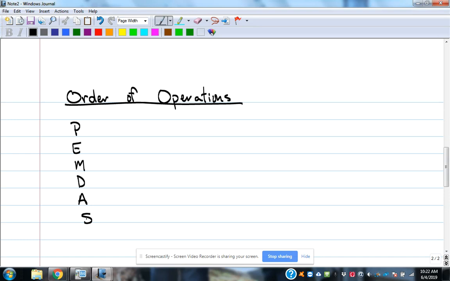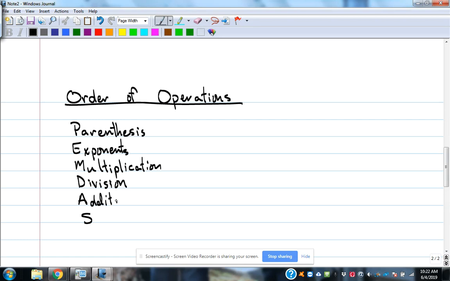The P stands for parentheses. The E is for exponents. The M is for multiplication. The D is for division. A is for addition. And then subtraction. The thing to keep in mind is parentheses just really means a grouping symbol. So if it's a square bracket, that's the same thing as a parenthesis.